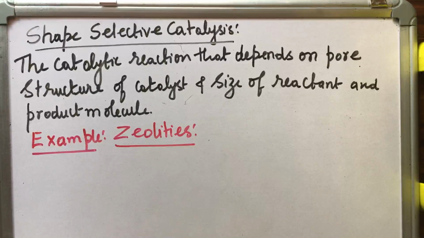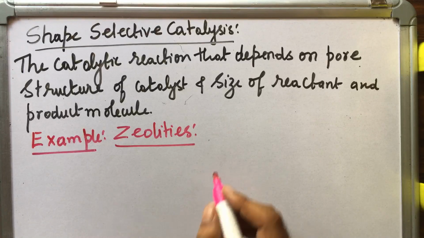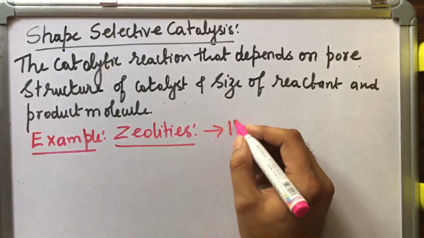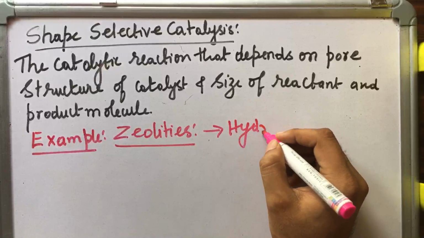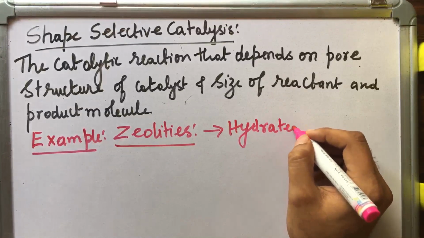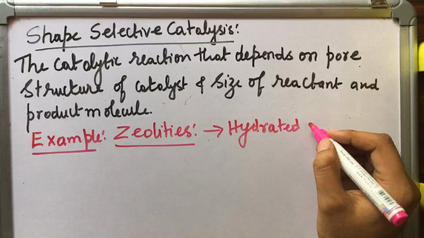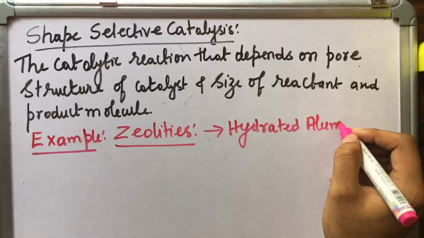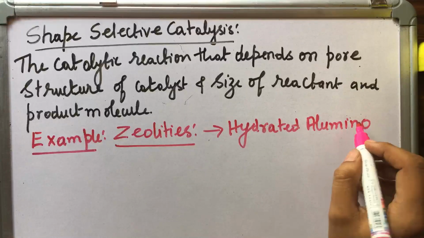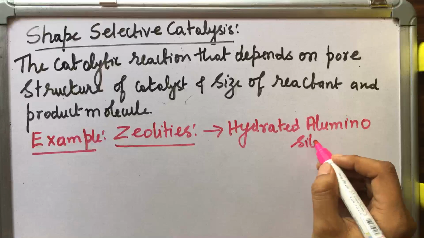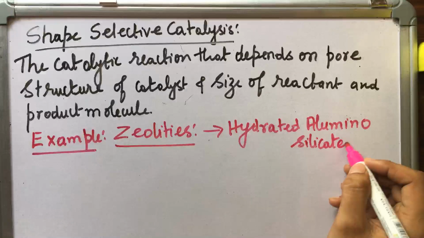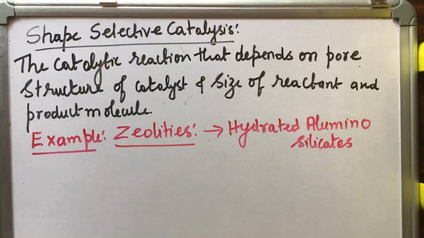Tell me, students, what are zeolites? Zeolites are hydrated aluminosilicates, which we have used for the removal of permanent hardness of water. So we have studied the zeolite method.